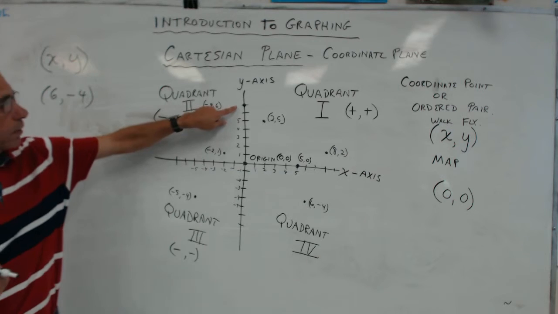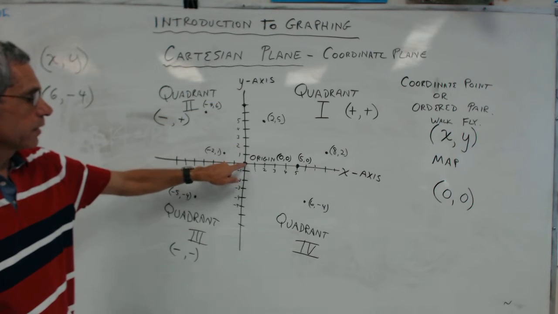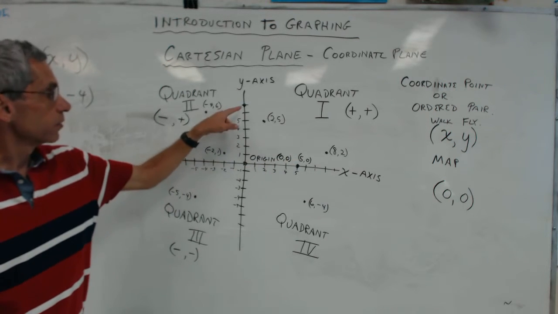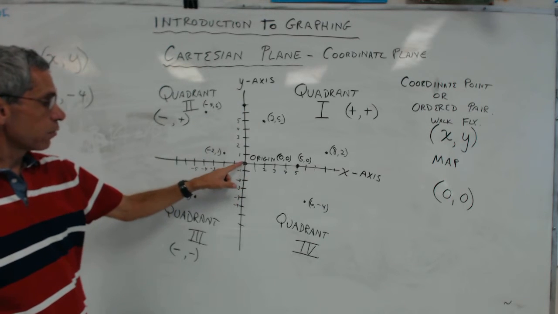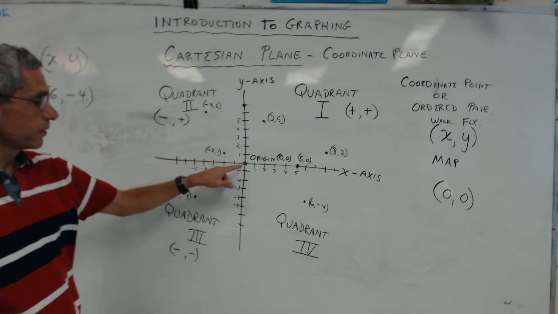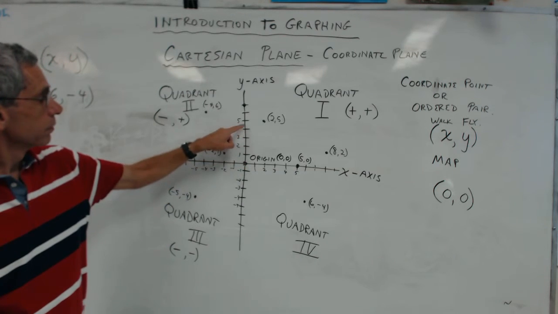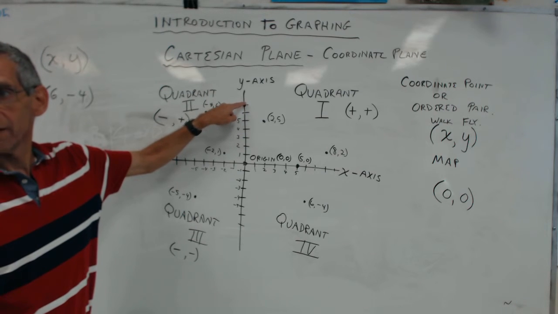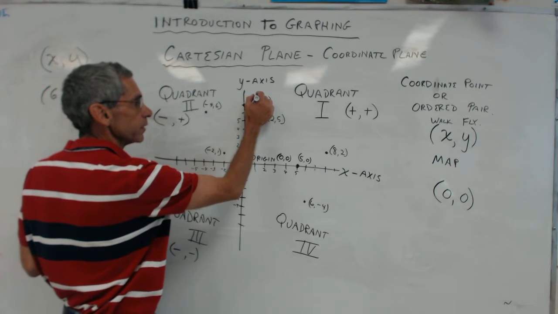So this point, what would be my x? I'm starting here. How far to the right or the left do I have to go to get to this point? Nowhere, right? Because I want to just go straight up. So I say my x is 0, and then my y is 1, 2, 3, 4, 5, 7. So it's 0, 7. That make sense?